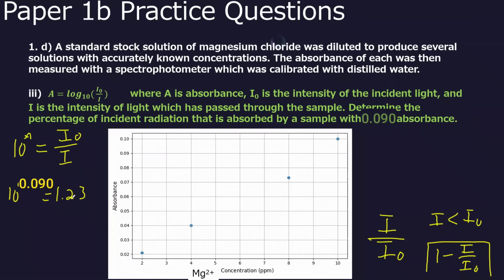But we instead would like to find I over I naught for that final equation. So we need to take the inverse. Inverse is 1 over the number, 1 over 1.23. So this is about 0.8128. Okay. Now we'll put that in this equation. So 1 minus I over I naught, 1 minus 0.8128.